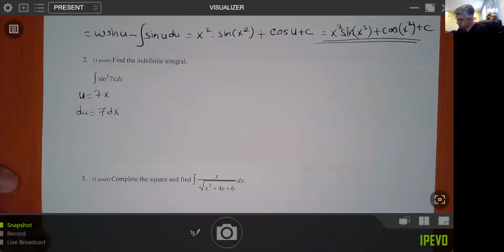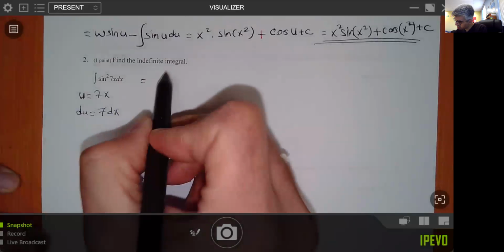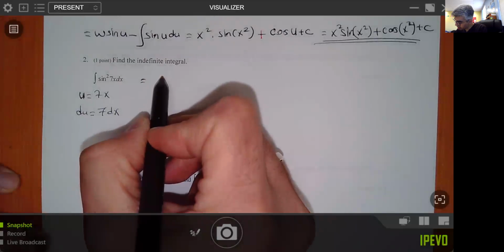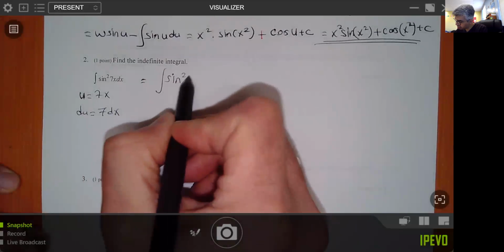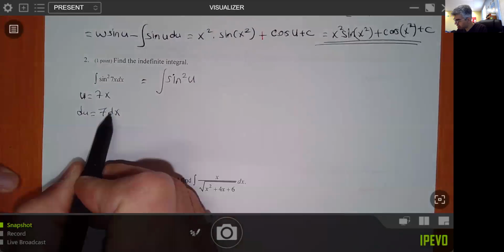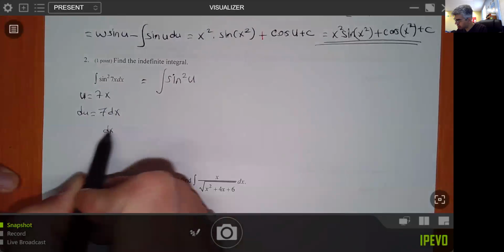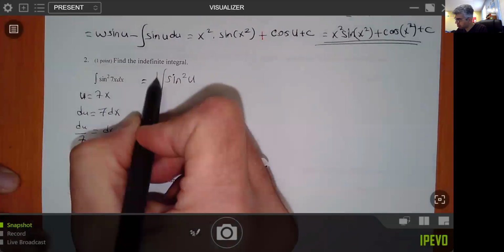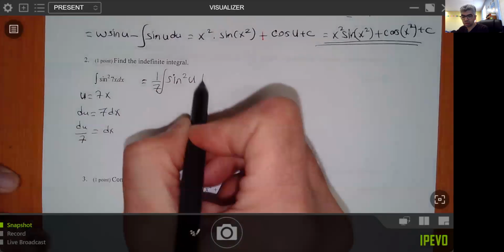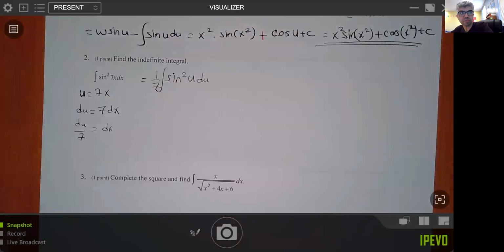How do I write my integral? It will be in the form of the integral of sine squared u, and dx here is du over 7. That 1 over 7, I write in front of the integral, so I have 1/7 times the integral of sine squared u du.